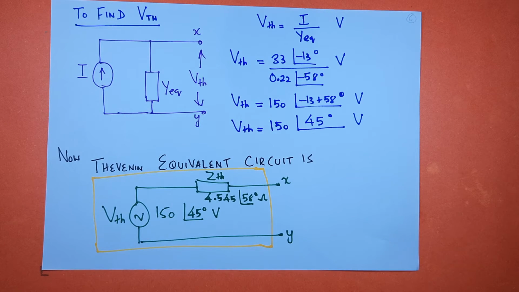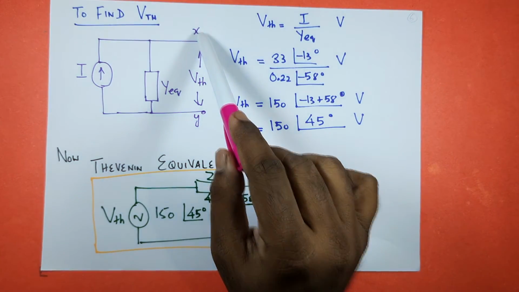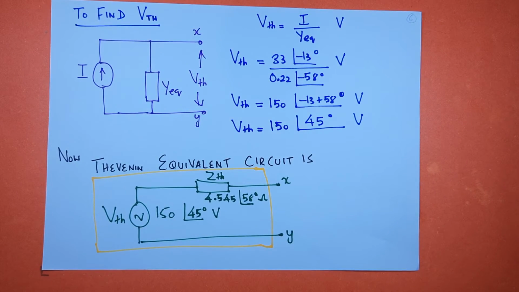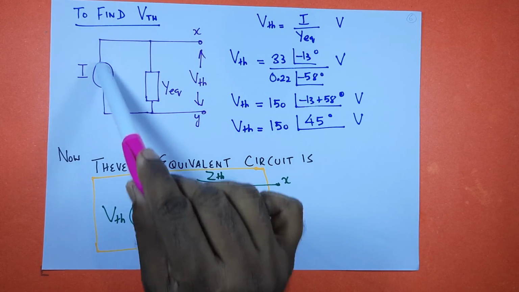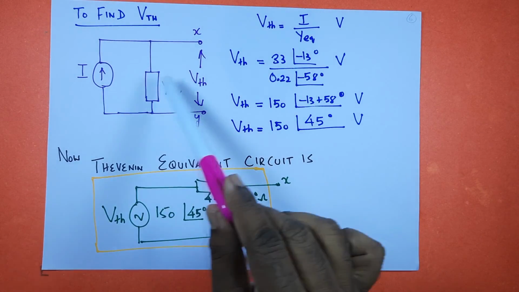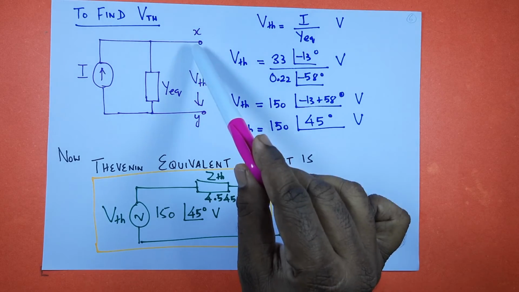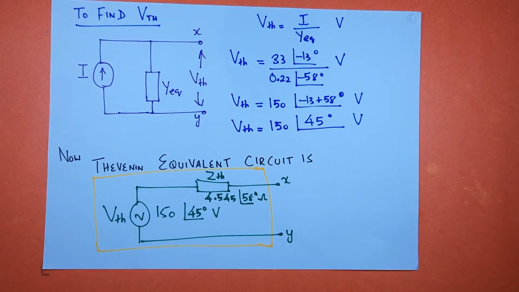Now we have to include the current source and the equivalent admittance, and the open circuit voltage across the terminals X and Y is nothing but the Thevenin voltage. The current flows like this and produces a voltage drop. So this is nothing but V Thevenin.